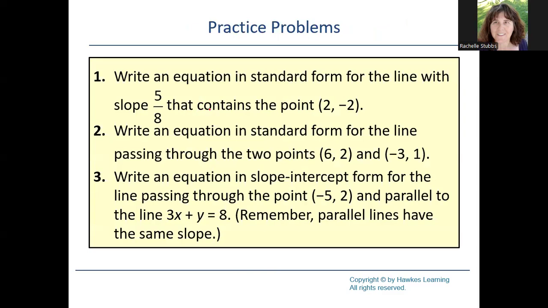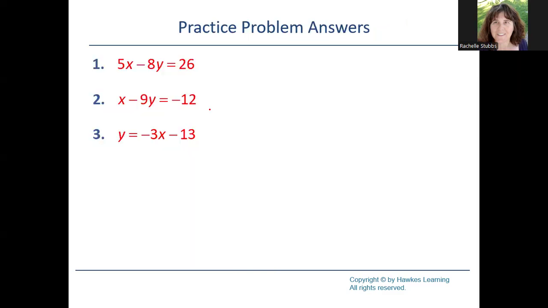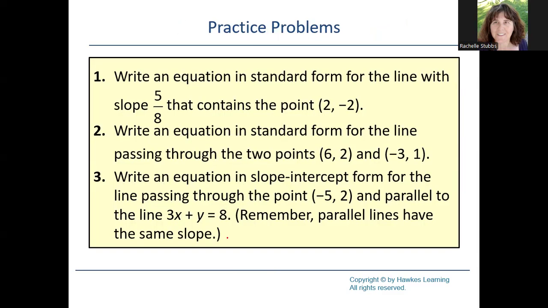So here we have 3 problems to do. Write an equation in standard form. So standard form, let's remind ourselves what that is: Ax plus By equals C, for the line with the slope 5/8 that contains the point (2, -2). So I'm going to use the point-slope formula.